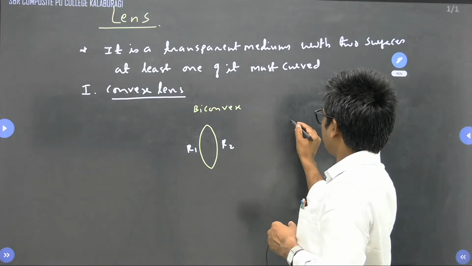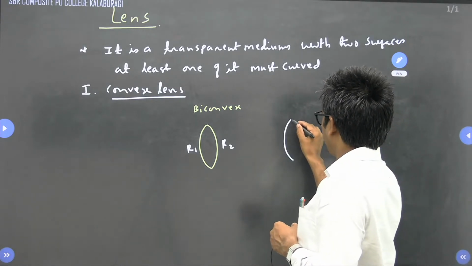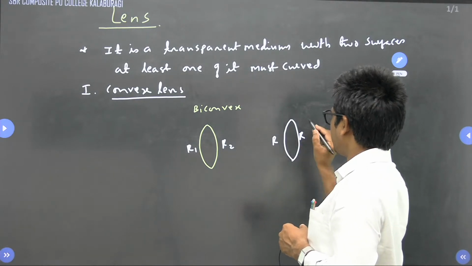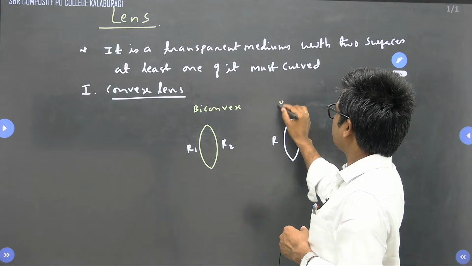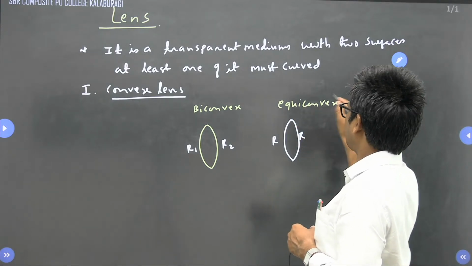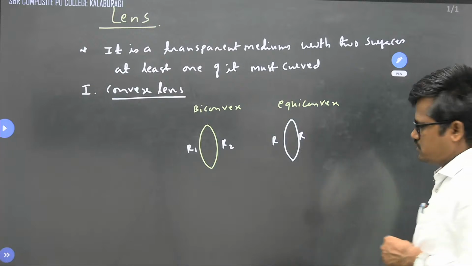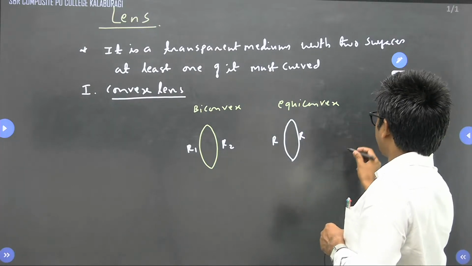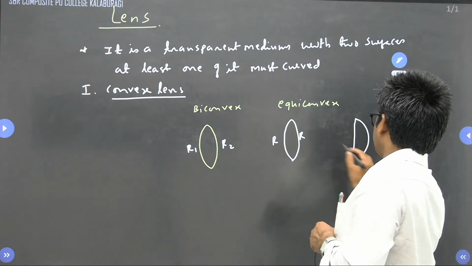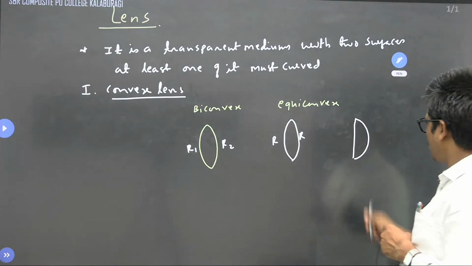If the radius of curvature of this and this are the same, then we call it an equiconvex lens. Suppose one surface is plane and the other surface is bulged outward.